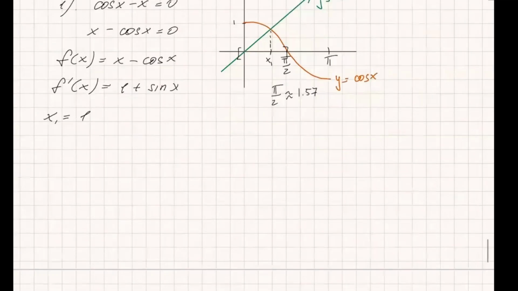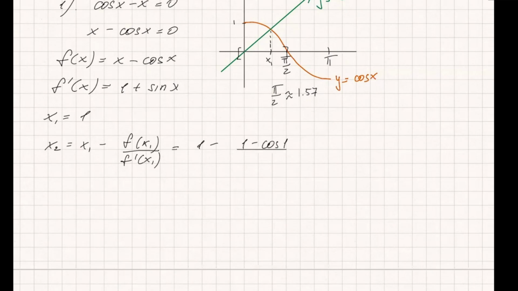Okay, so first iteration, x2 is x1 minus f of x1 over f prime of x1. So let's see what we have here. We have 1 minus f of x1, that's going to be 1 minus cosine 1, over f prime, which is 1 plus sine of 1, right?